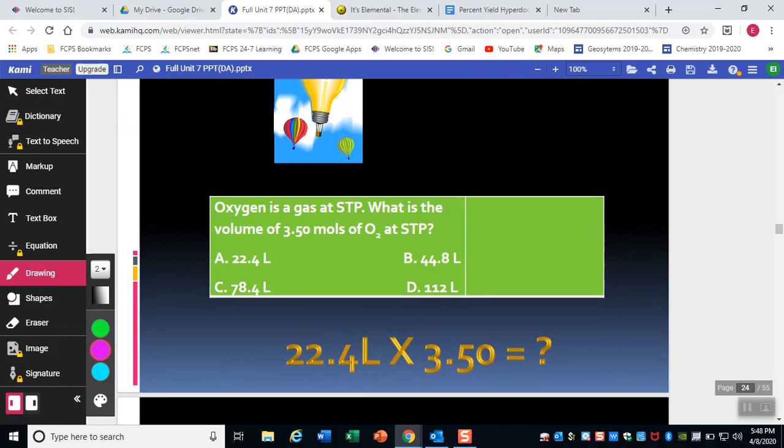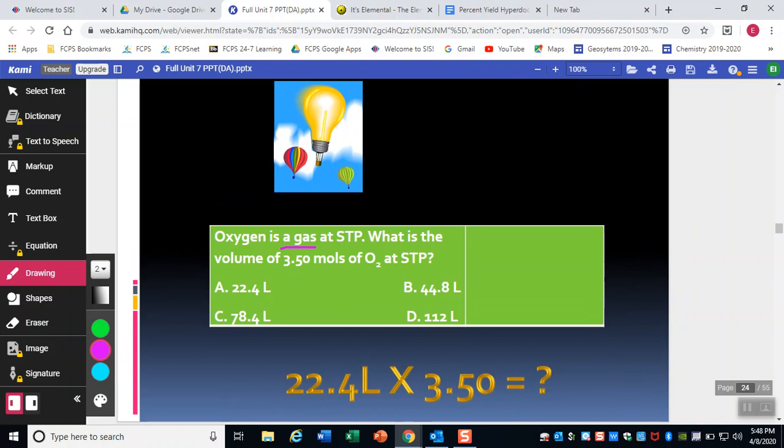So if I have oxygen, which is a gas, and I want to find the volume, and I have 3.5 moles of my gas over 1, and I want to convert that to the volume.